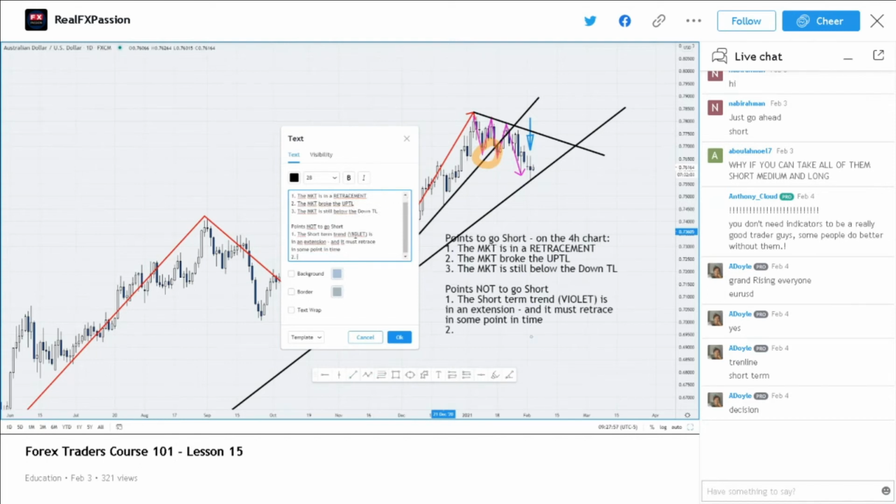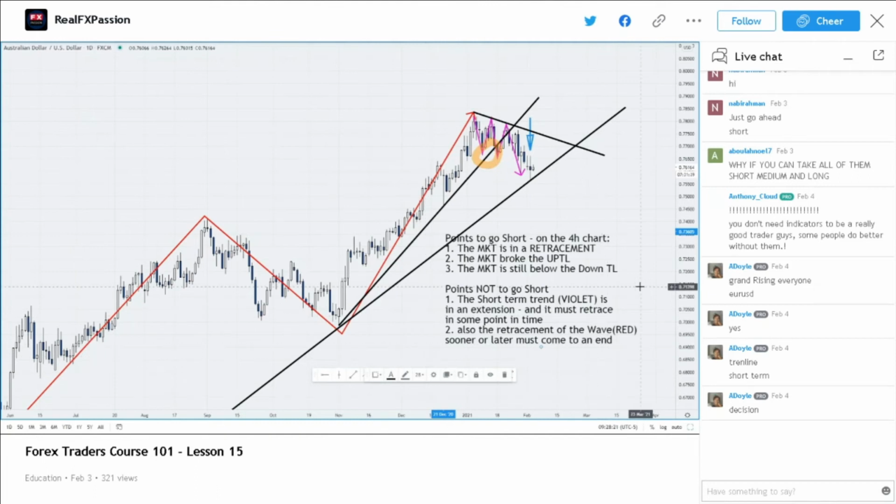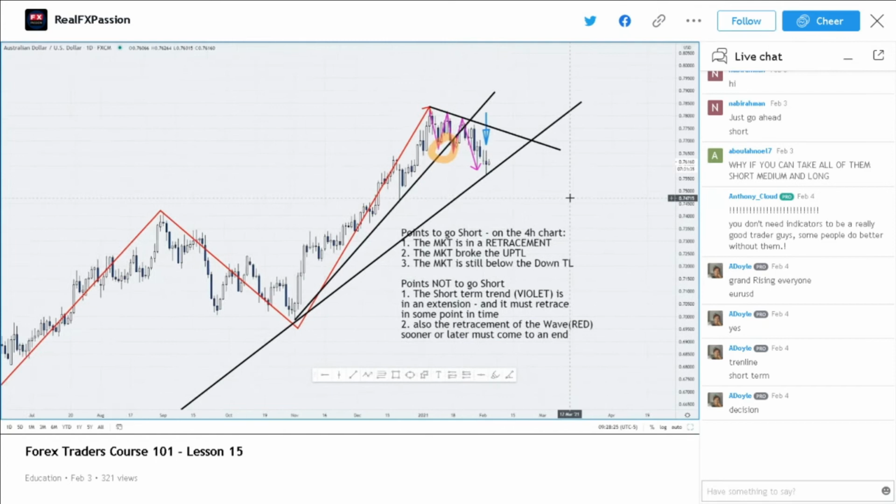And number two, also the retracement of the wave, which is the red, sooner or later must come to an end. Agreed, everybody?